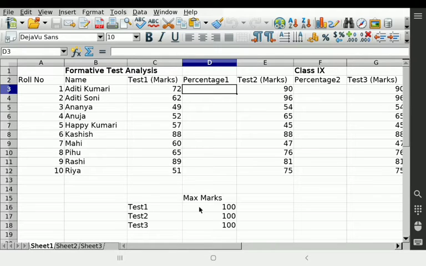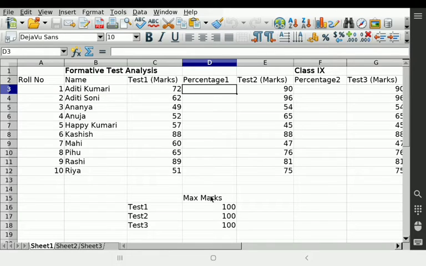Here a little bit differently you have to write the formula. Numerator and 100 you have to multiply and then divide by maximum marks. Both are same.